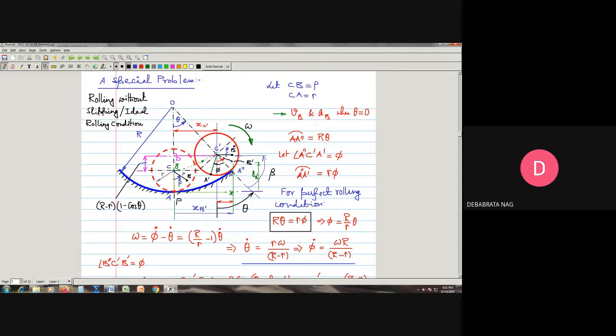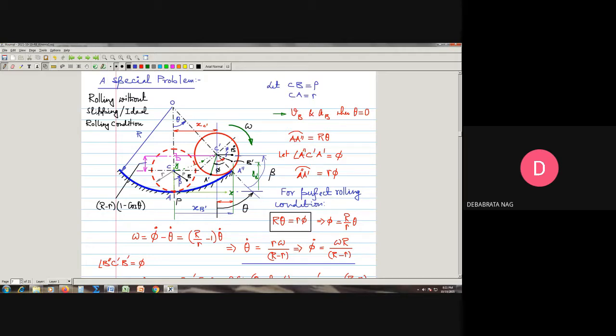So any change in the orientation, you see, the radial line CA has come to the position C dash A dash, because when you dragged it over this surface, the radial line CA has come to the location C dash A double dash, correct? And from here you need to give the rotation, and that rotation was equal to phi. So the angle between the two successive radial lines will give me the amount of the rotation. So this is the amount of rotation the body is suffering.